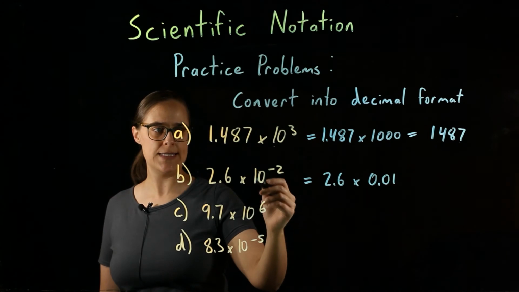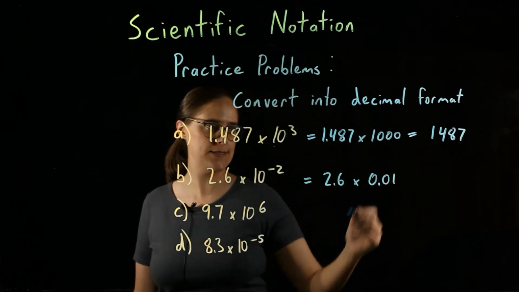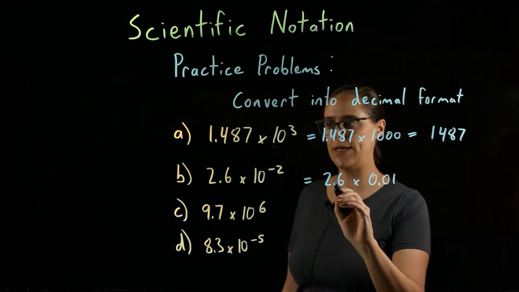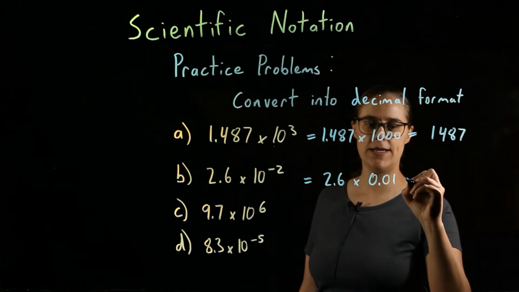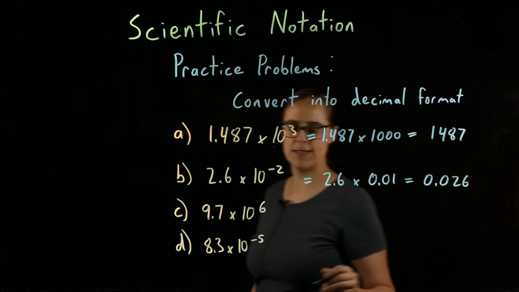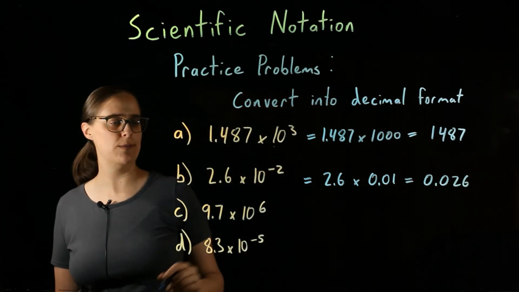If you have 10 to the minus 2 power, that is 0.01. But you would need to move this decimal point 2 places to the left. 0.026. This is my decimal format.